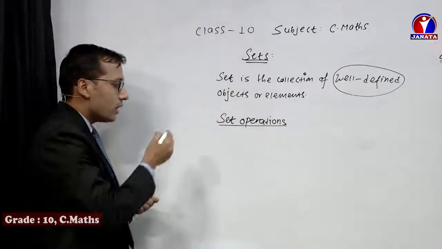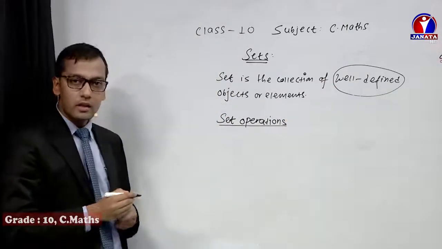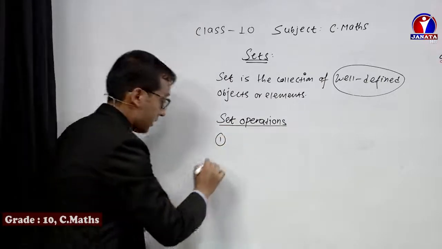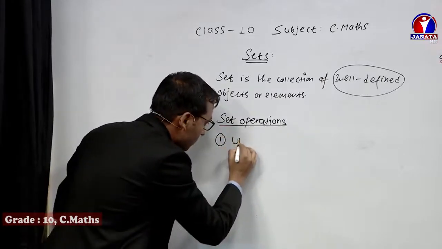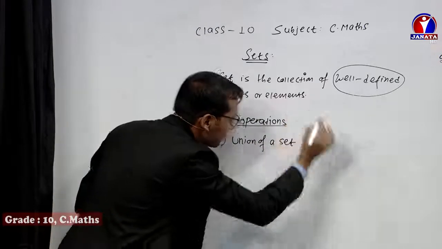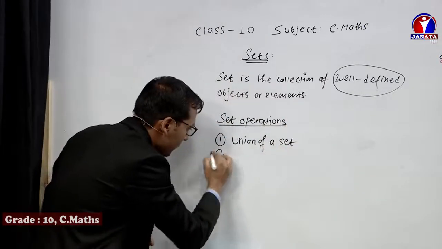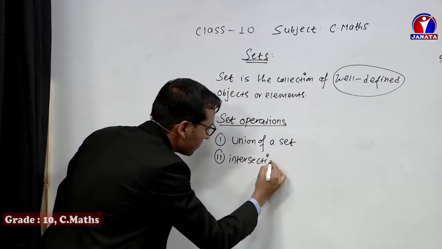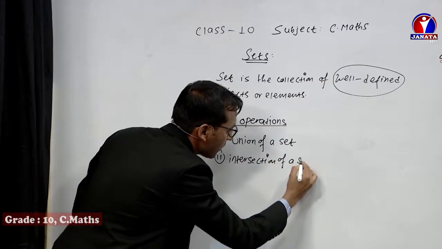So under this topic of set operations, let me write what the first set operation is. It is union of a set. Second is intersection of a set.